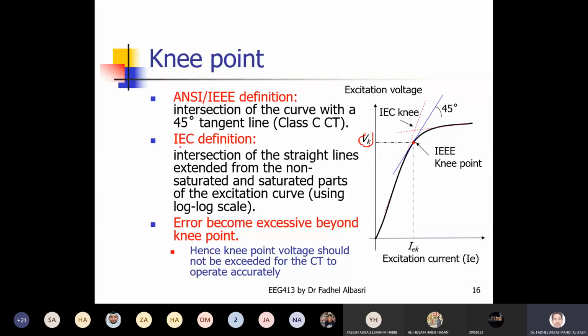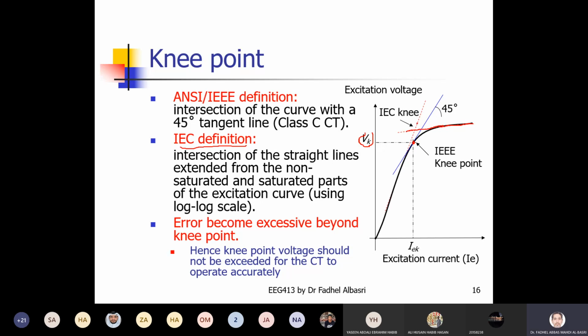For IEC, which is the European unified standard, they define the knee point as the intersection between a straight line tangent to the linear part of the characteristic and a tangent line to the saturation area.